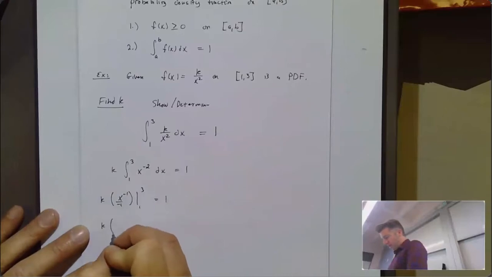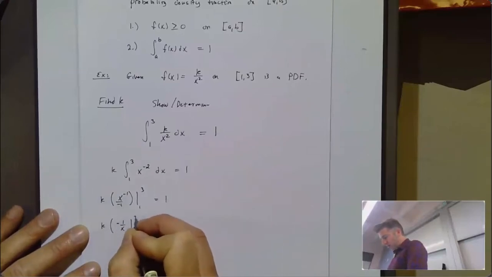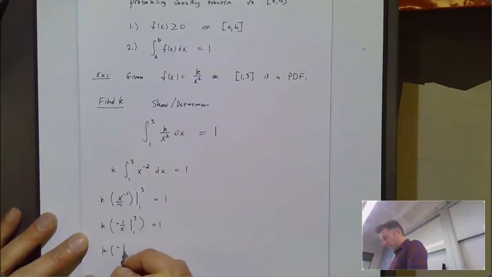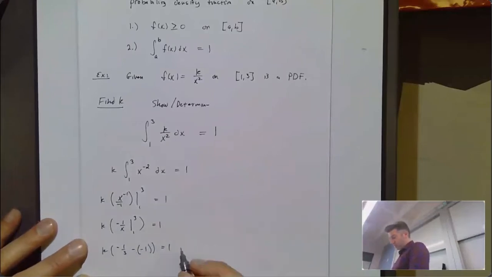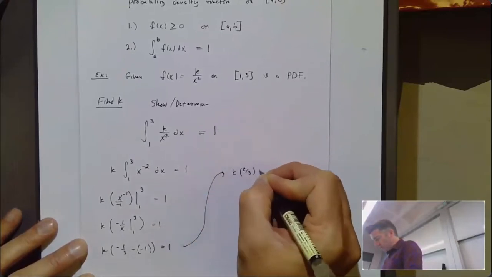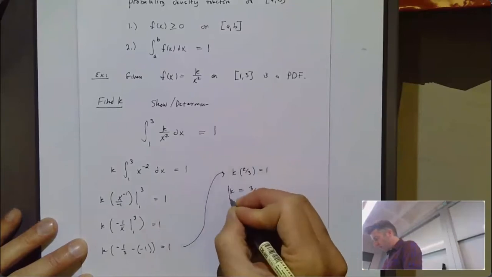That's k times negative 1 over x from 1 to 3 equals 1. So that's k times negative 1/3 minus negative 1 is 1. Negative 1/3 plus 1 is 2/3. So I'm going to have k times 2/3 equals 1, so k is equal to 3/2.